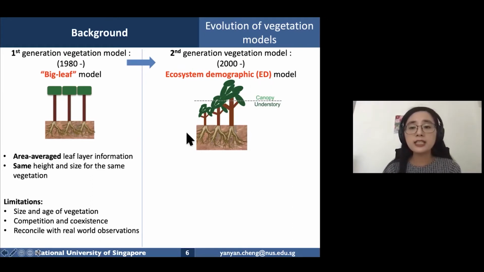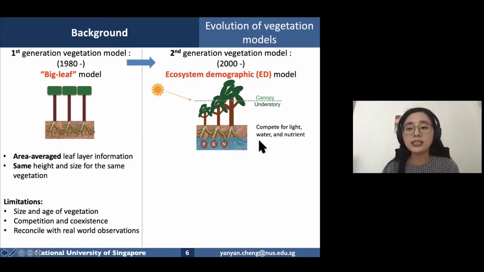So here we can see that in the ED model, the same vegetation will have different sizes and different ages. It will have a canopy layer and an understory layer depending on their height. The advantage of this is that they can compete for light depending on their height.